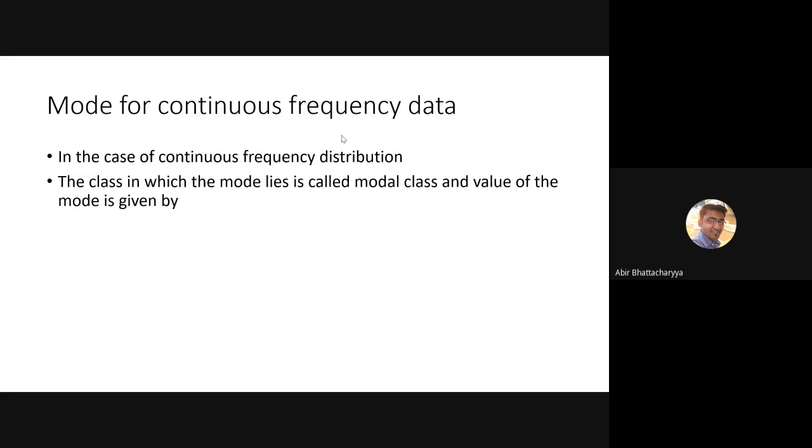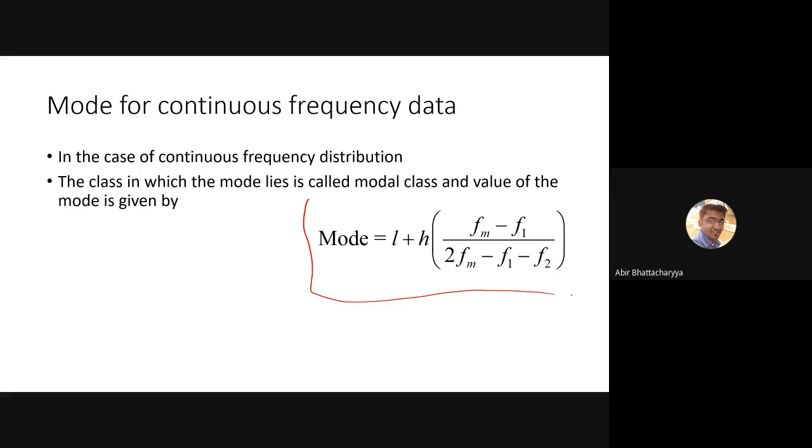In the case of a continuous distribution, where classes are given to you, we can find the modal class, and the value of the mode can be given by this formula. Whenever we have continuous data, we use this formula.